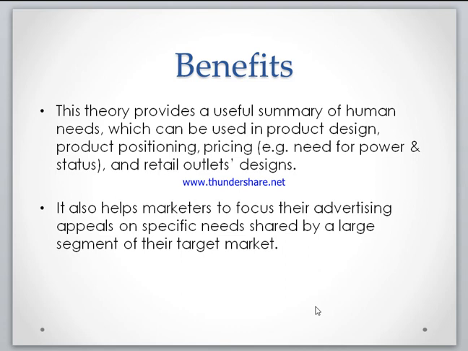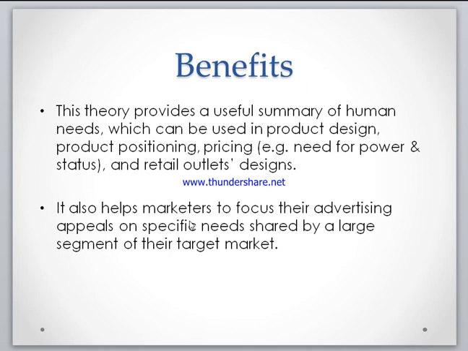So all the advertising and marketing is targeted in such a way that first they target the population they want to attract towards their product, and they make an advertisement according to that. So that is how these needs help many managers and many other people to organize such advertisements or make their decisions in some way.